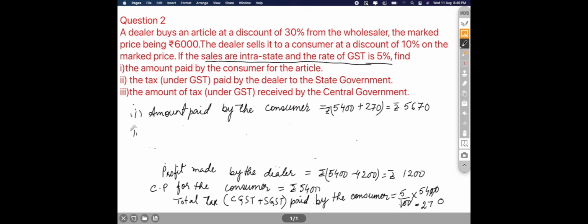Now second part, the tax under GST paid by the dealer to the state government.